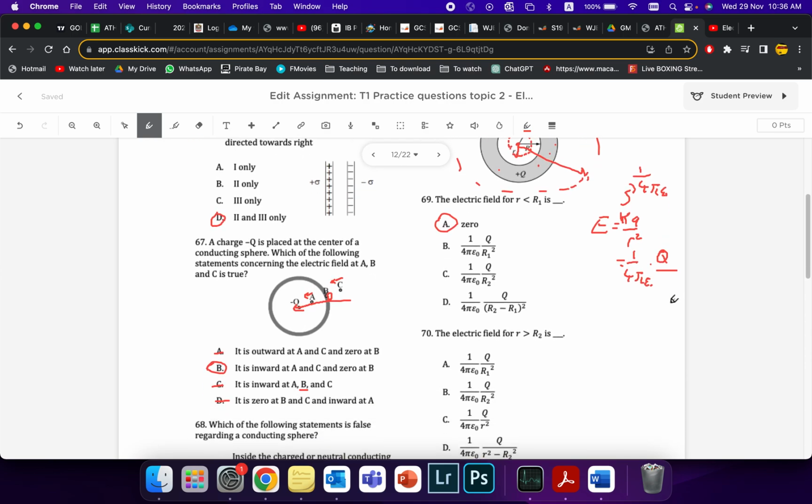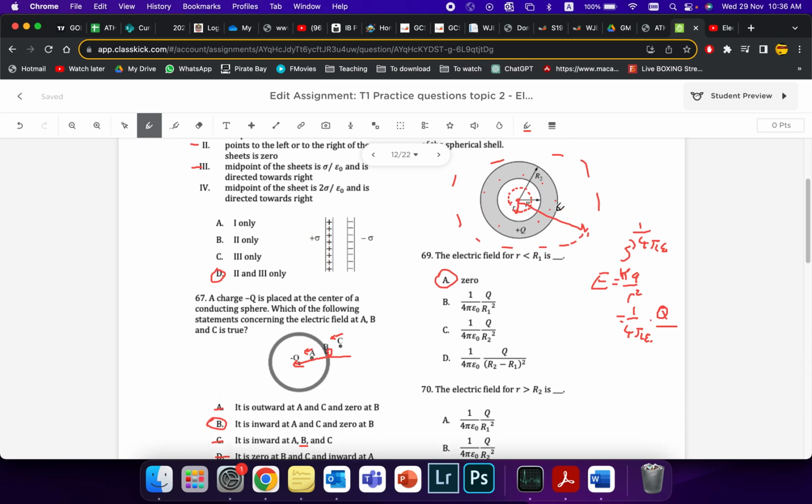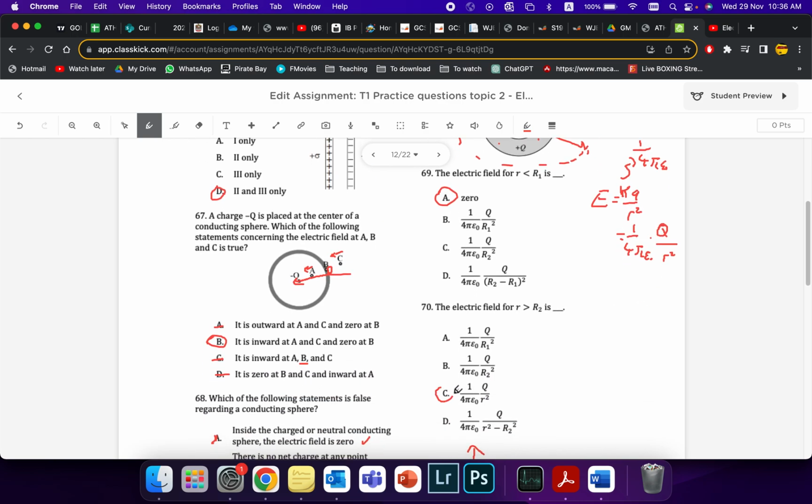What is my radius going to be? It is from the center. We assume it is a point source. Even though there's a difference in the radius, not important. We'll take it from the center. Okay, so that's the rule over here. So from that, I can get the answer of C.